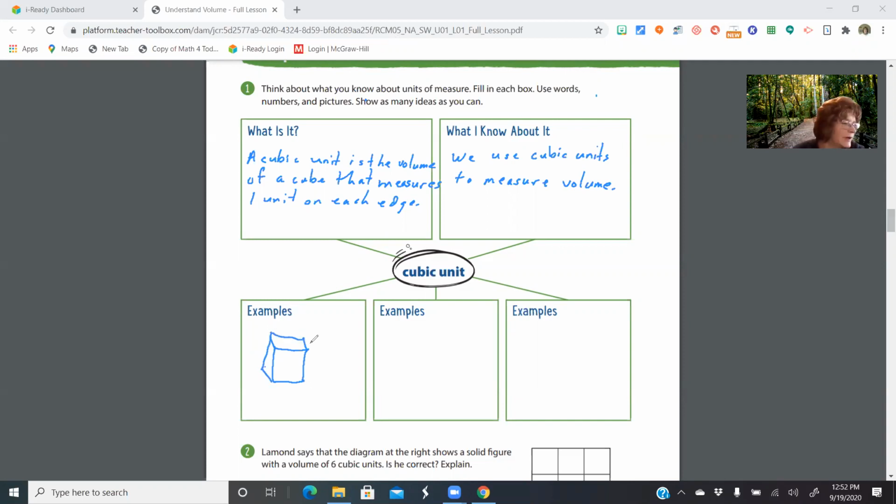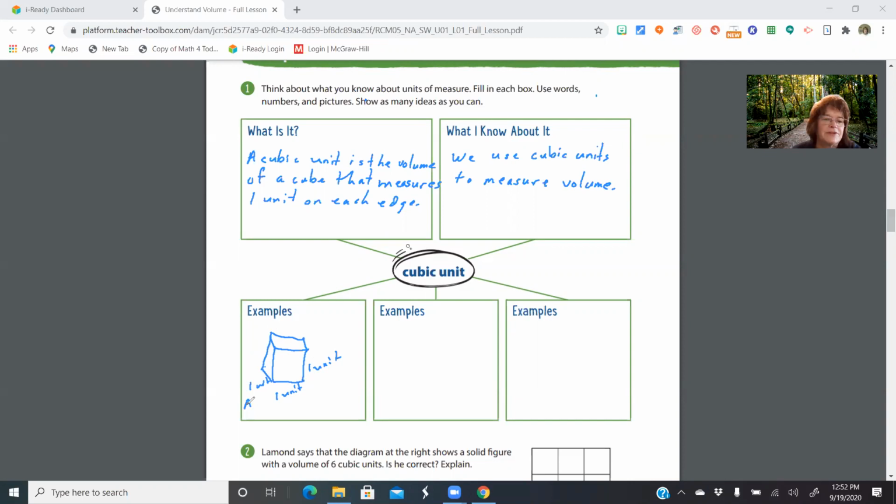There's my cubic unit, kind of. This is 1 unit by 1 unit by 1 unit, meaning the width is 1 unit, the length is 1 unit, and the height is 1 unit.